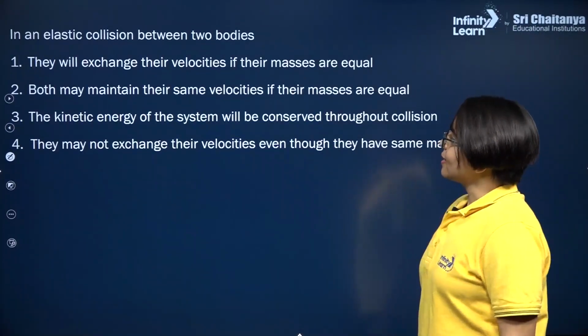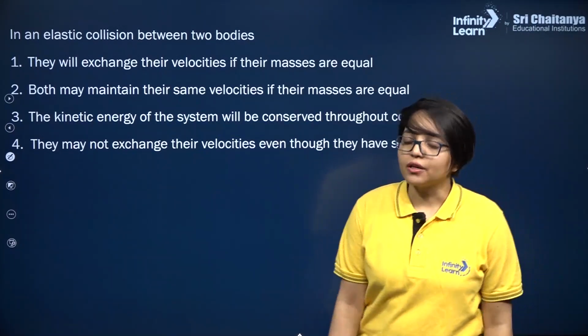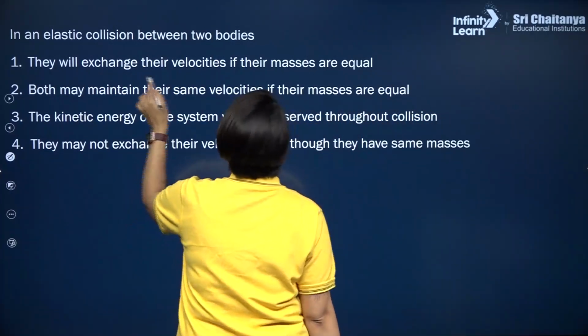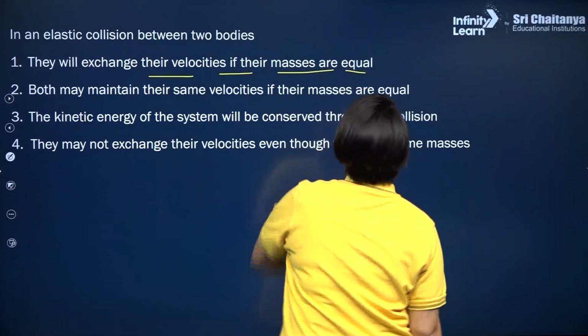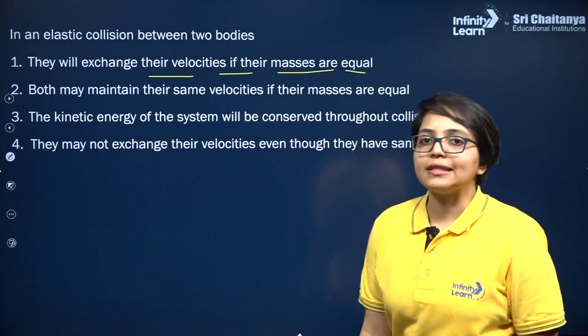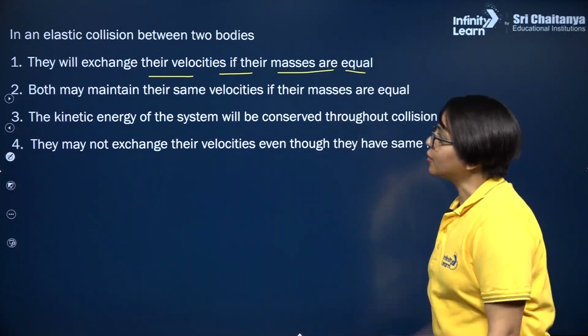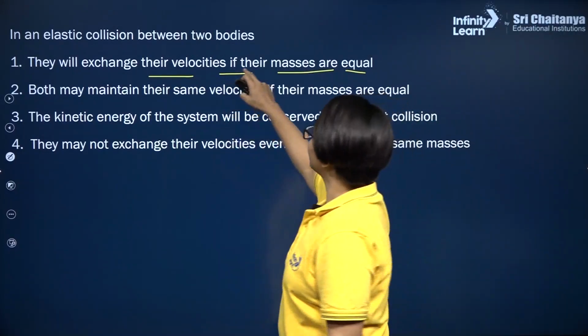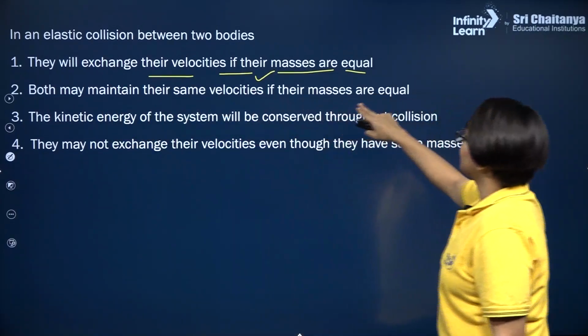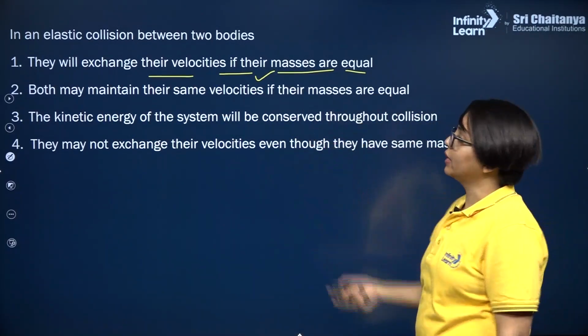Next is, we are talking about elastic collision between two bodies. They will exchange their velocities if their masses are equal. But what about the nature of the collision? Is it head on? Is it oblique? It is not given here, so we cannot comment on that. Both may maintain their same velocities if their masses are equal.